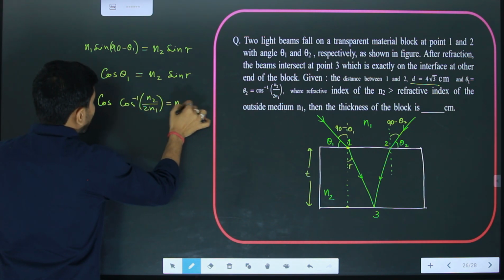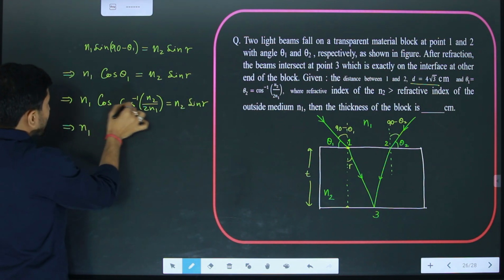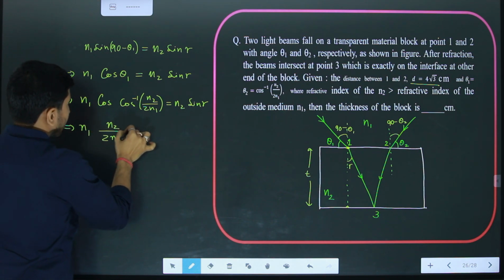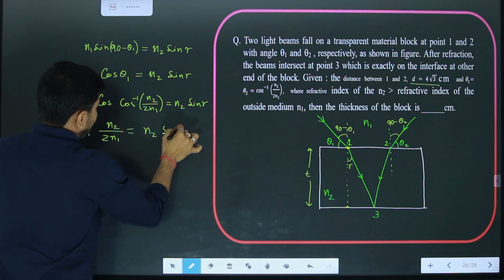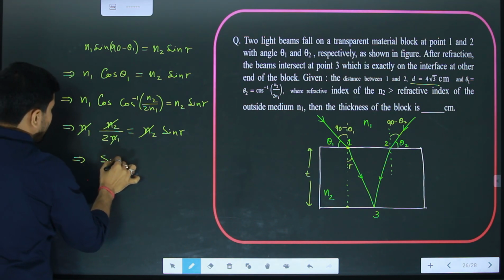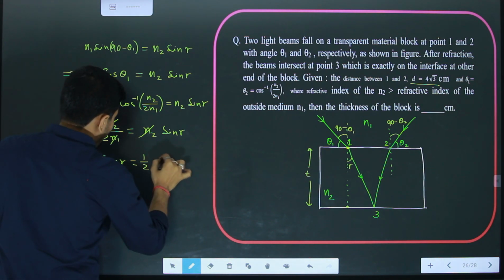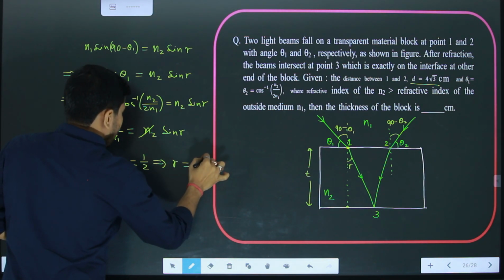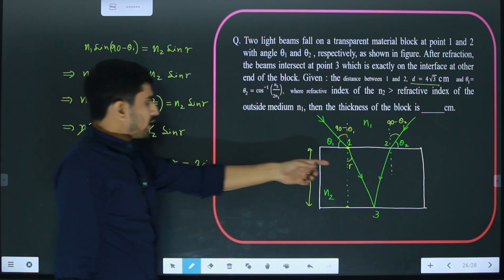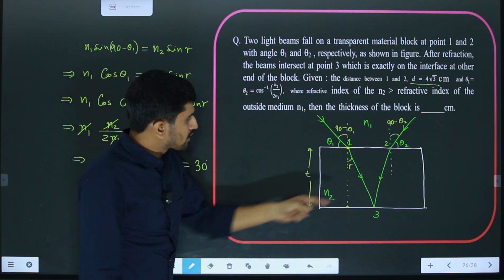So n1 cos theta 1 becomes n1 times n2 divided by 2n1, equal to n2 sine of r. n2 gets cancelled, n1 gets cancelled, so sine of r will be equal to half. What does it imply? It implies r equals 30 degrees. So the angle of refraction is 30 degrees.